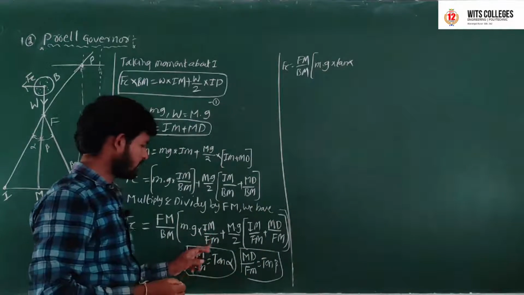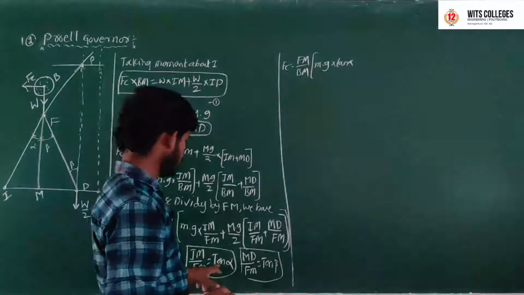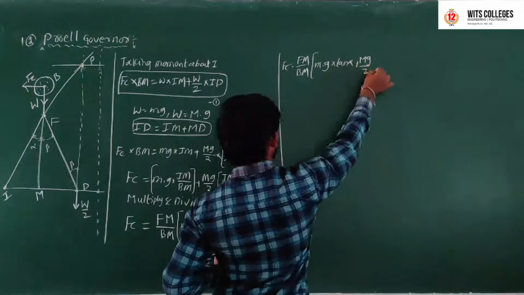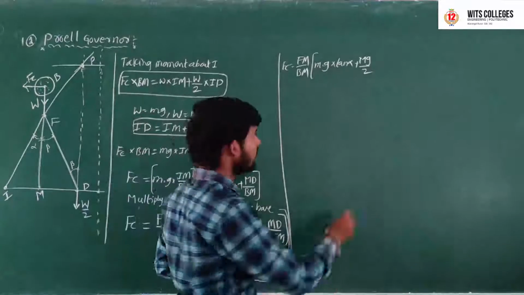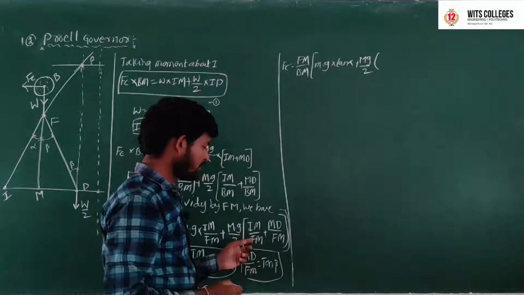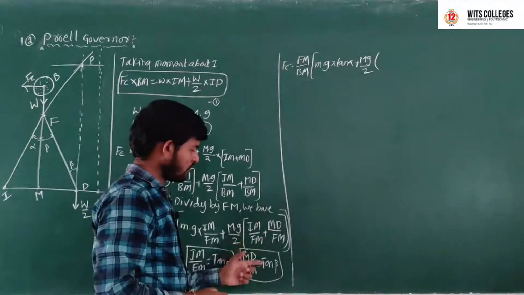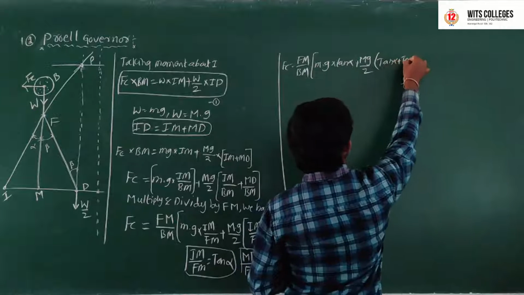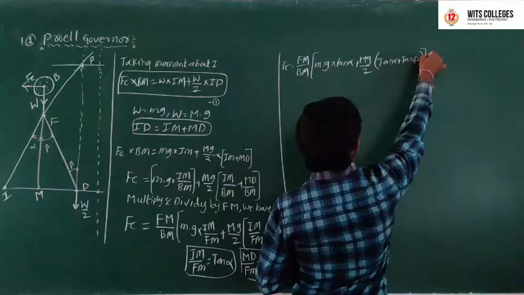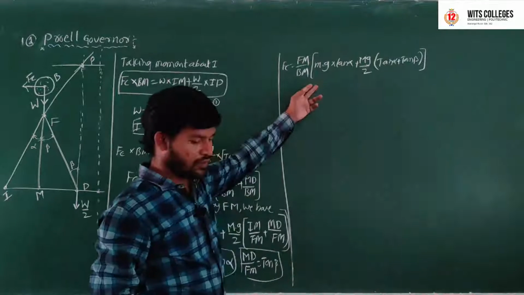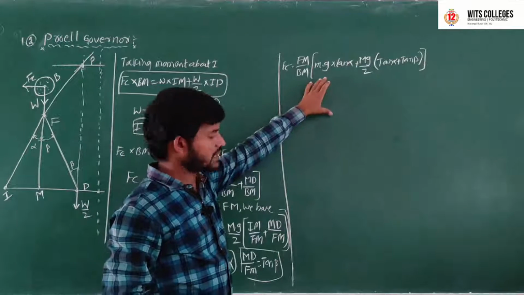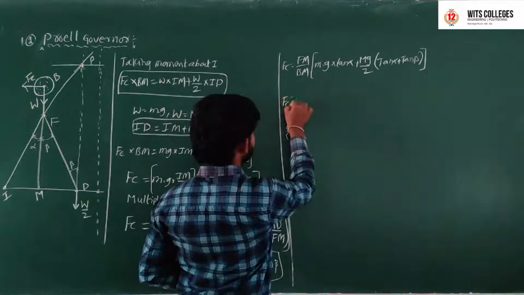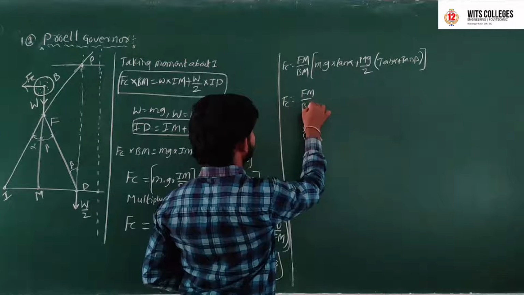Here Im by Fm equals tan alpha, we substitute, plus capital Mg by 2 into Im by Fm value tan alpha, md by Fm value tan beta, so tan alpha plus tan beta. We get this equation. Here again we solve this equation, we get the value of Fc equals Fm by Bm.